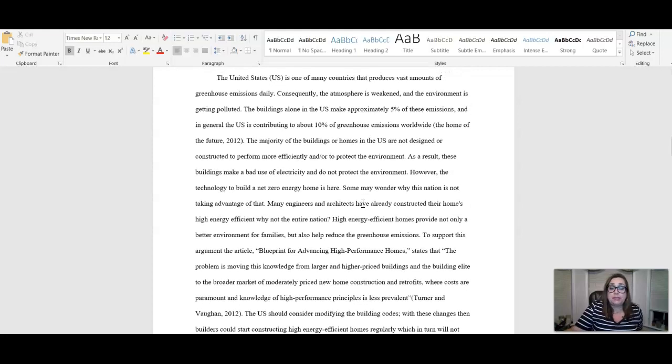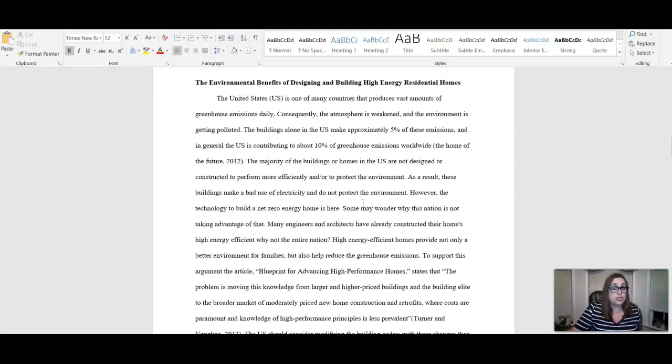And that's okay. He put some of his data in the introduction. You are not required to do that. This was a very technical student. He was going to be an engineer. And when he wrote, I really enjoyed reading his work, but he was always very technical and very specific and very meticulous with his details. More commonly, an introduction paragraph is not this detailed, but it's okay. He did a very good job with it.